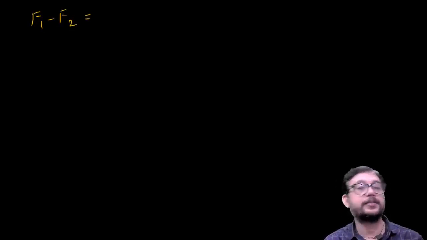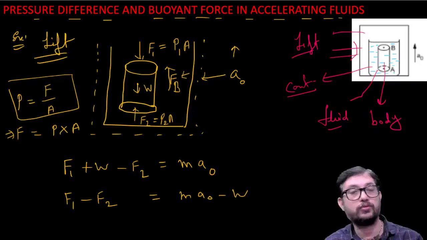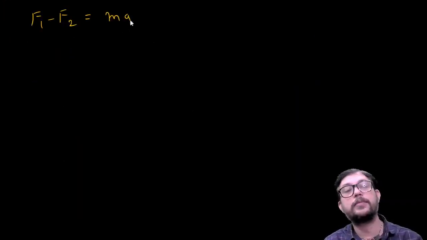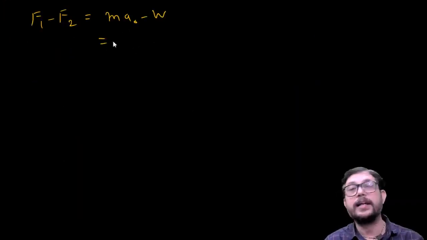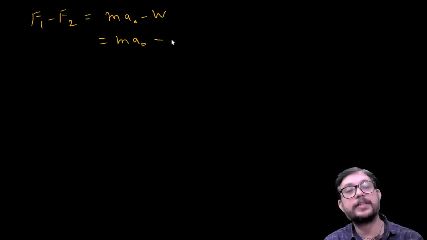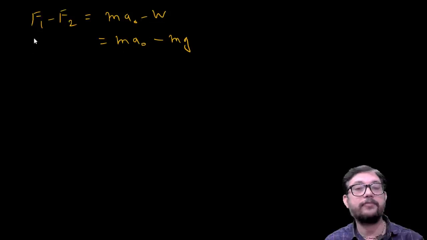Now we have the equation F1 minus F2 equals m a naught minus W, and we also know that weight is nothing but mg.